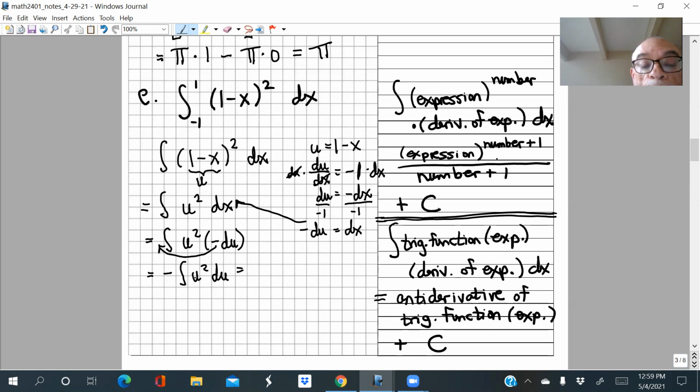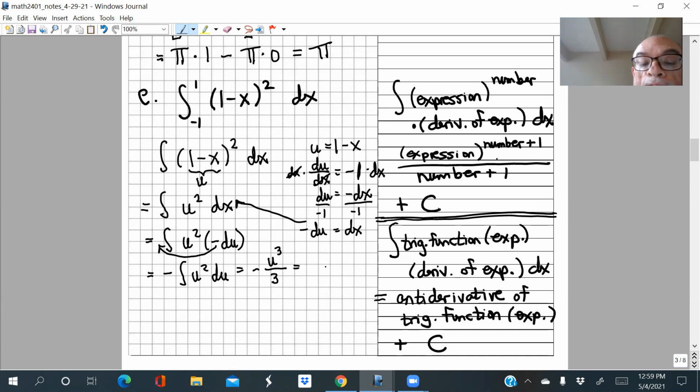Well, now, how do you actually integrate u squared du? That's easy. That's just a power of u, so you can integrate that using the anti-power rule. Add 1 to the exponent and divide by the new exponent. There, you've got it. So this antiderivative is, don't forget the minus sign is there, u cubed over 3. But what was u again?